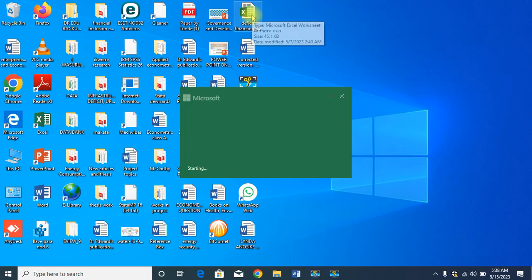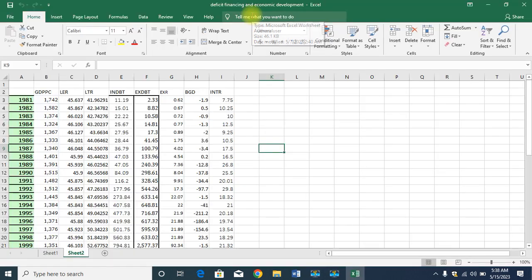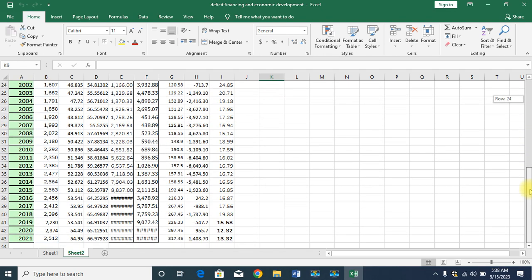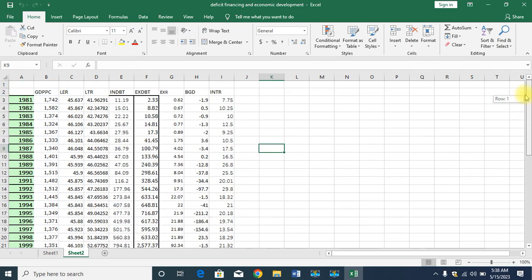This is a data set on fiscal deficit and economic development in Nigeria from 1981 to 2021. This data set was used for a study on the effect of fiscal deficits and economic development in Nigeria.